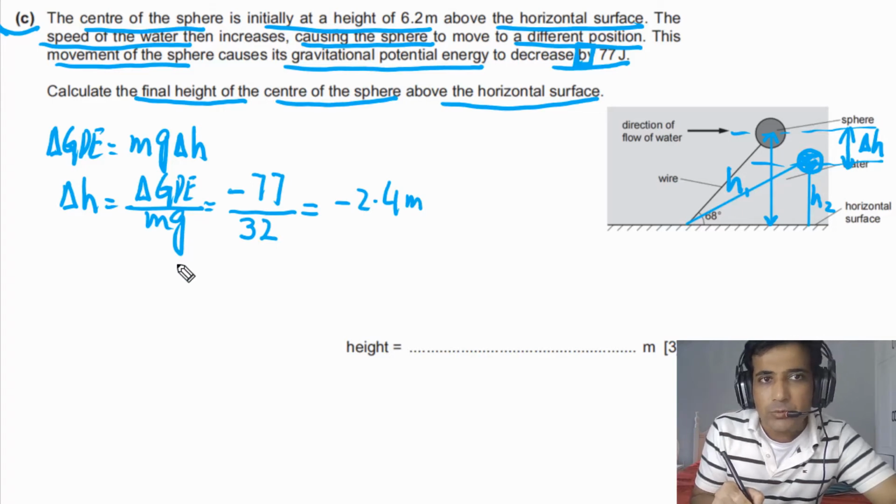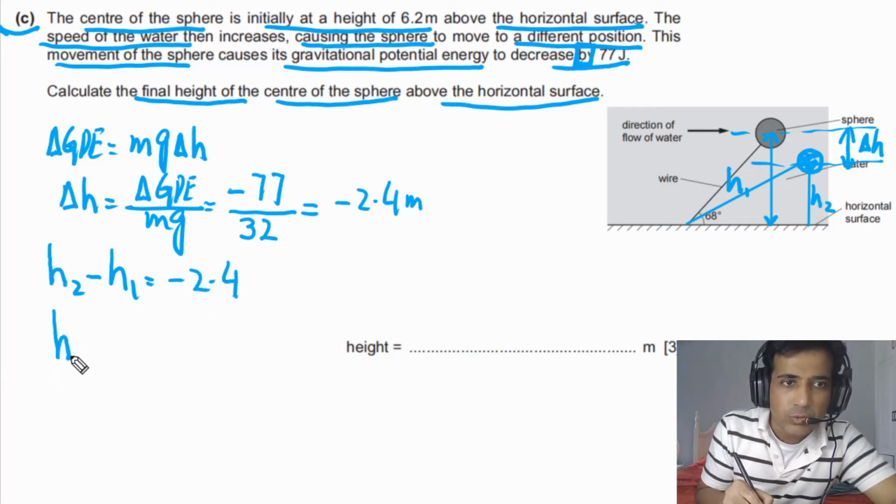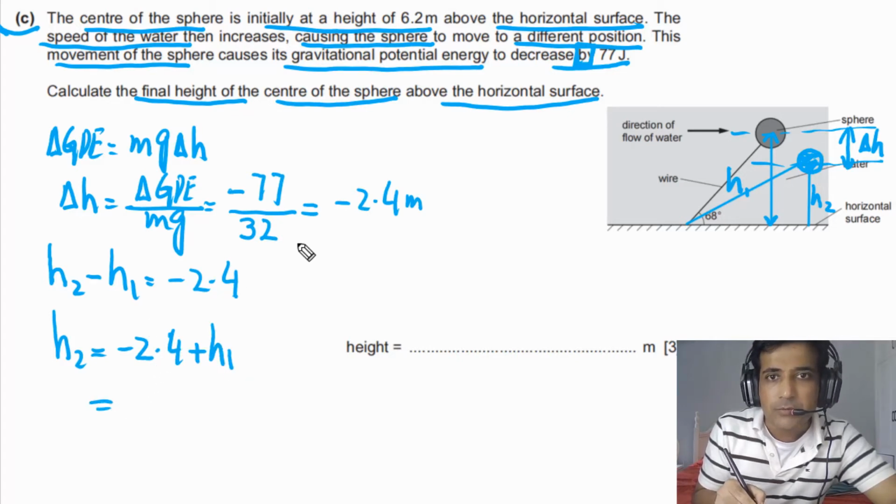We need to calculate final height. Means we need to calculate h2. Now we have calculated h2 minus h1, and this one is equal to negative 2.4. We need to calculate h2. So h2 simply we can say that will be equal to negative 2.4 plus h1. h1 was given to us, and that is equal to 6.2 meters.